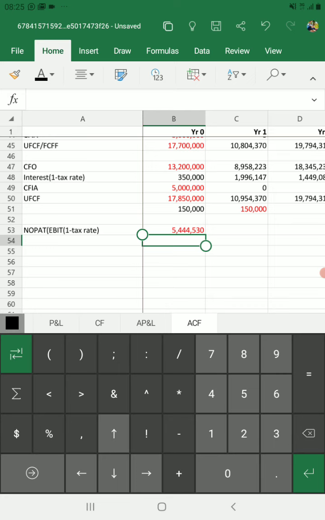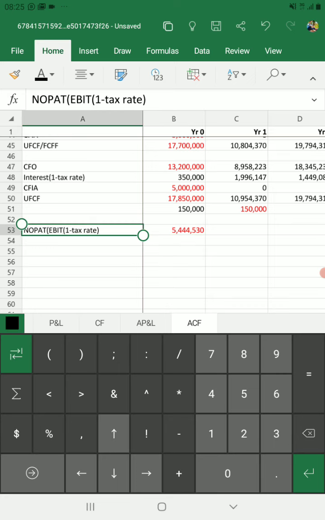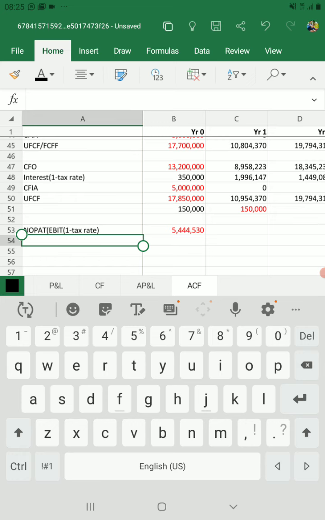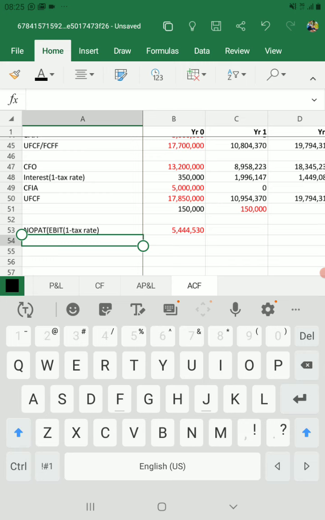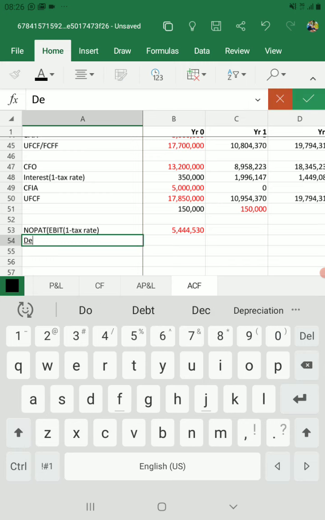And then, because income from the income statement is established using the accrual basis, that means there are non-cash items captured within the income statement, the profit and loss statement. So in this case we need to add back depreciation, which is non-cash.